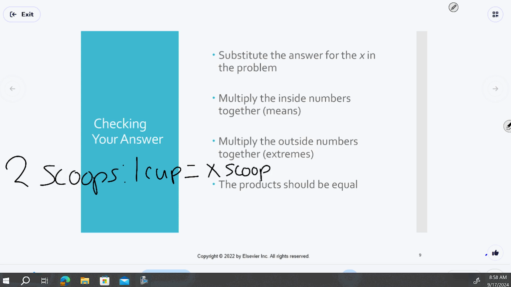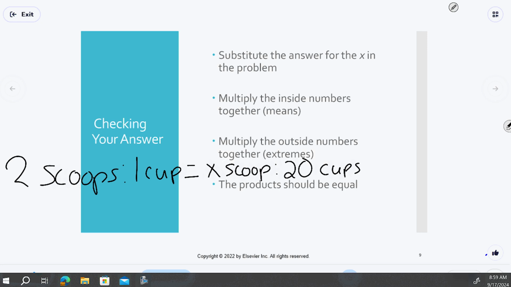Dot 20 cups. And then I did 2 multiplied by. That's the outside, right? Then I did, yeah. And I got 28.